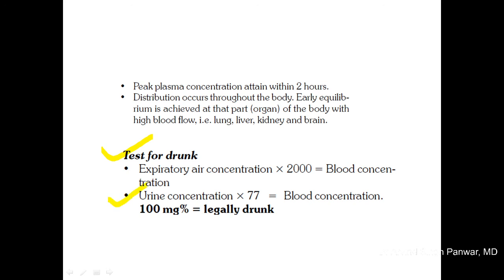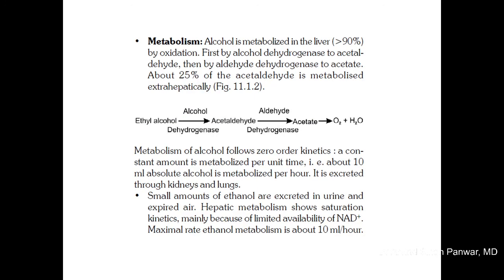Similarly, the urine concentration of alcohol multiplied by the factor 77 gives the approximate blood concentration in 100 milligram percent. So legally you can say drunk. Then we come to metabolism, which will be discussed in the next session.